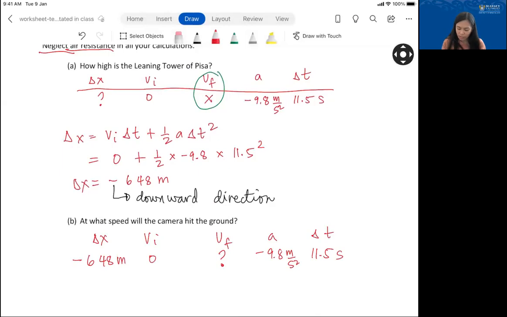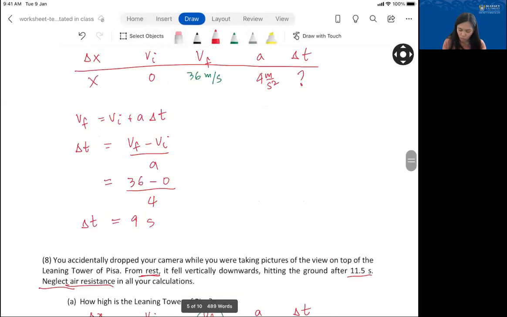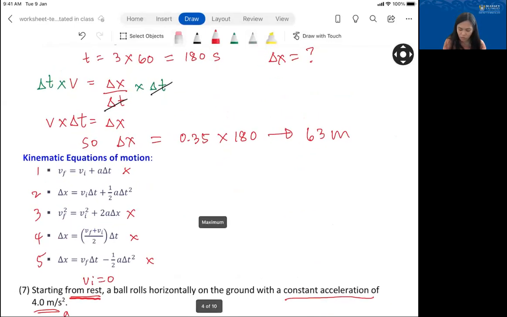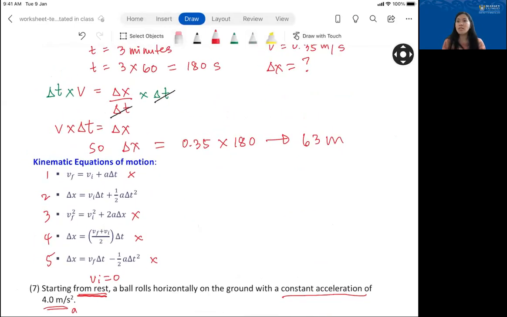So make sure to include the negative sign as well. Okay, looking at our kinematic equations, we want to find Vf. You can use several equations to solve for Vf. I would suggest using one that you don't have to rearrange. If I were you, I will use equation 1.